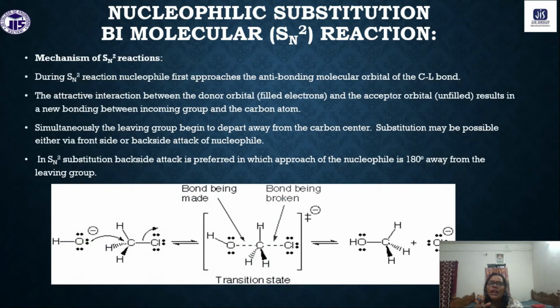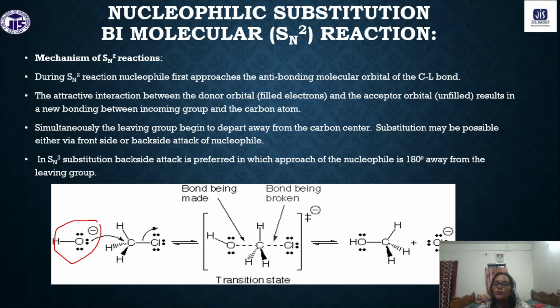Now this is the mechanism of how the reaction proceeds. Here this is the hydroxyl group, and it attacks the carbon atom. The attachment of the hydroxyl group and the leaving of the chloride group will be simultaneous, and thus in this transition state, you can see that five atoms are attached to the carbon atom.